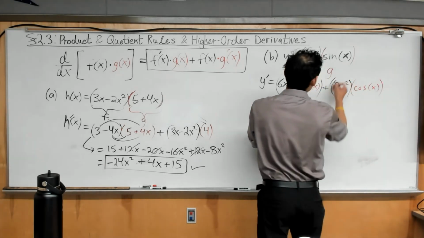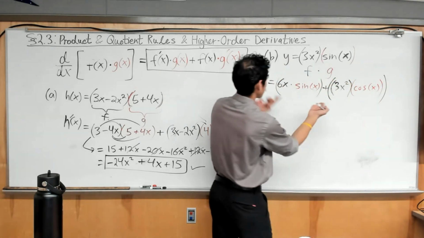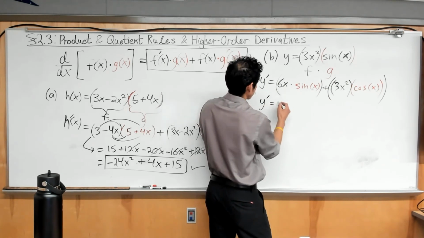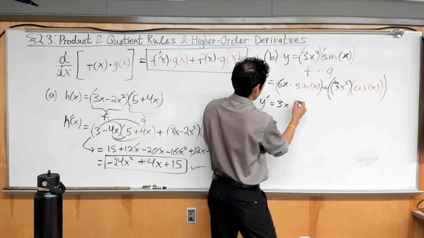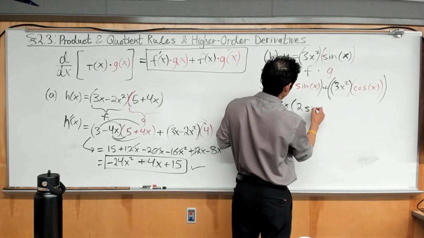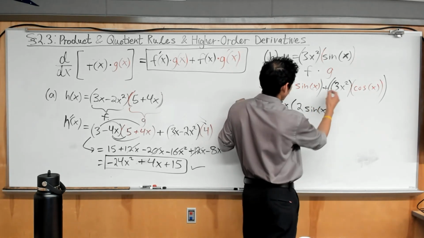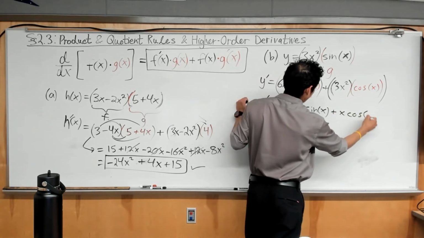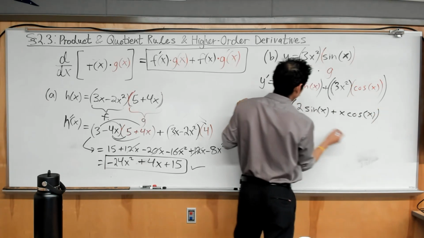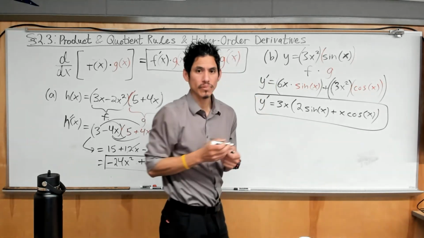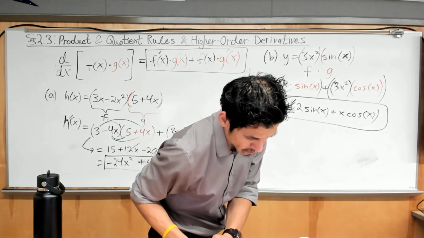And then we can combine these if there's something to combine. There's not really much to combine, but maybe you can just factor out a 3x, which will give you 3x times 2 sine of x plus x cosine of x. There you go.